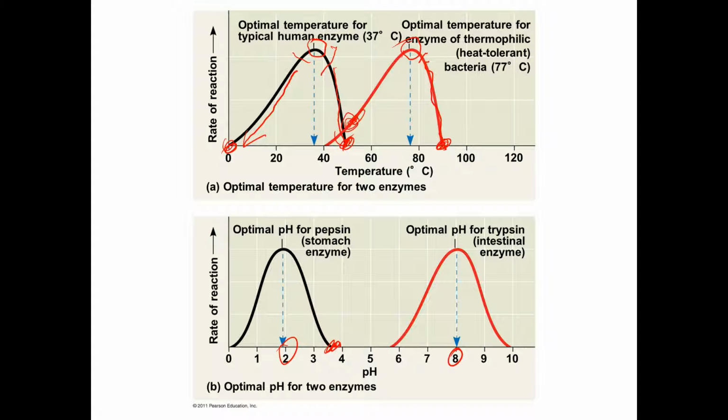The opening of the small intestine is still slightly acidic, but as you work your way through the small intestine, it becomes more and more alkaline. This is where trypsin is going to be most active. And then, as you increase the pH closer to 10, enzyme activity just drops. Again, the enzyme is denatured.